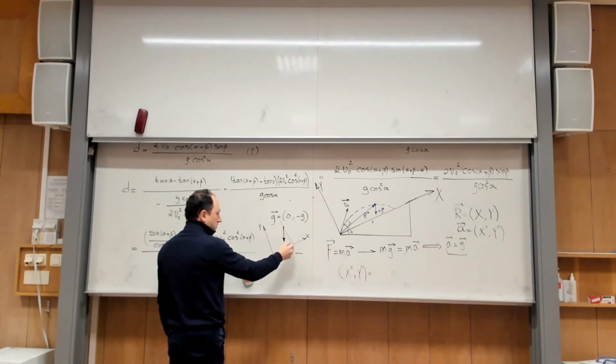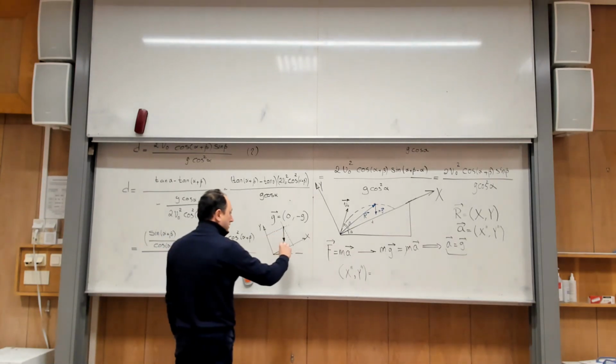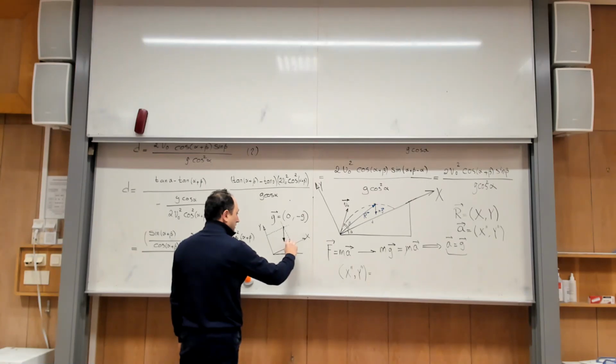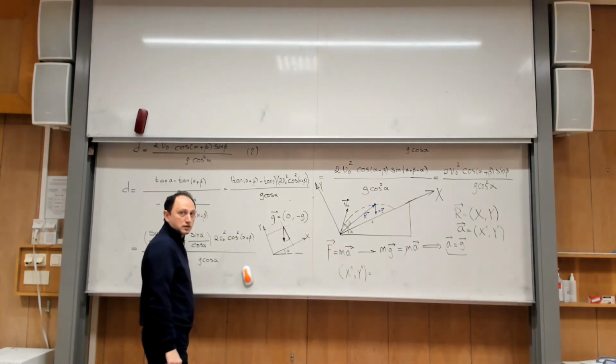Yes. And then draw a line parallel to the x-axis. Yes. And then what happens? This one is the shadow on the new y-axis. Yes. Is that understandable or not?